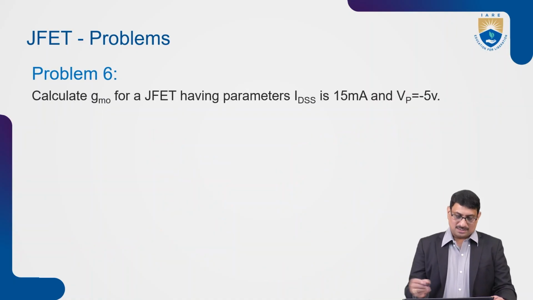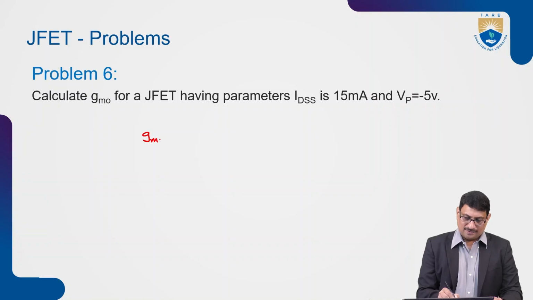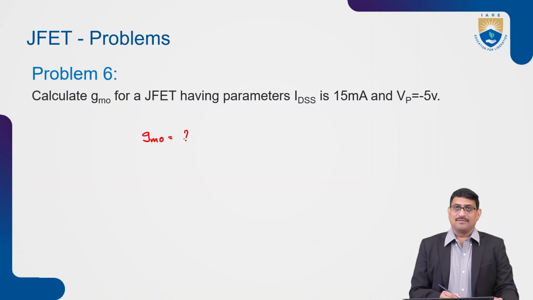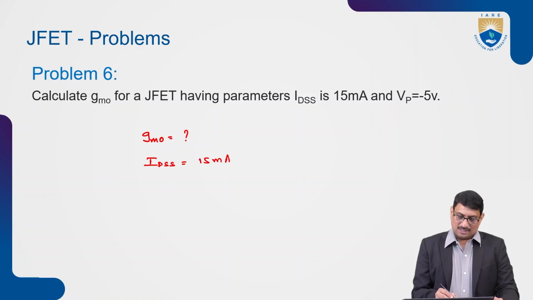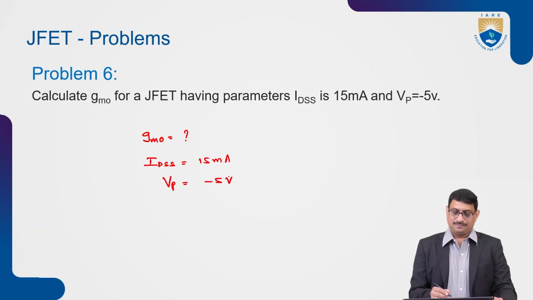Calculate the GM naught for a junction field effect transistor having the parameters IDSS equal to 15 milliamperes and the pinch off voltage VP equal to minus 5 volts.